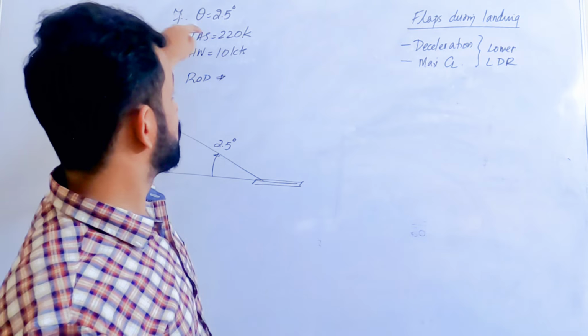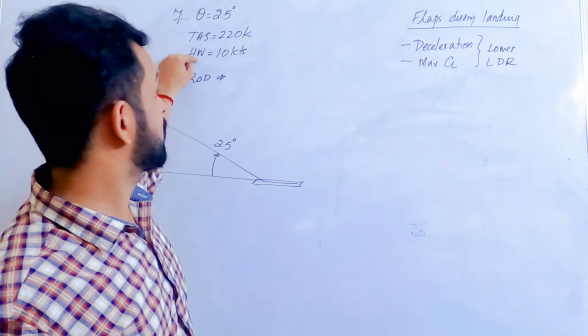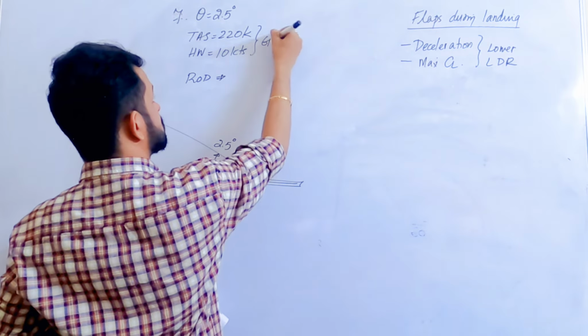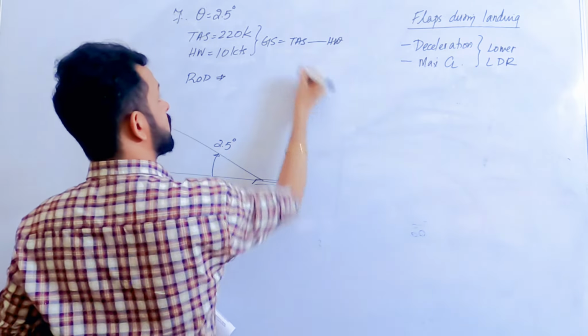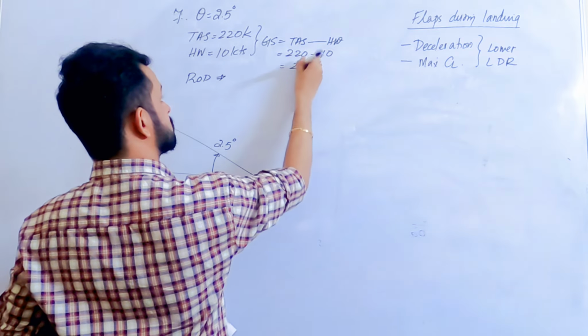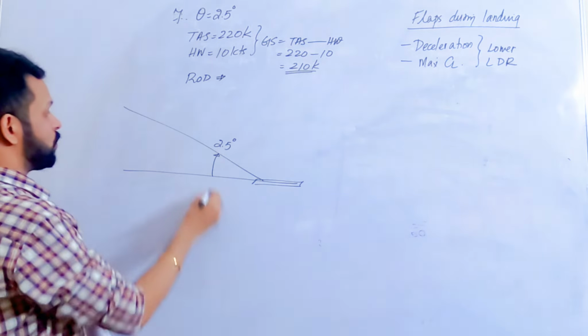Therefore, I don't need TAS. What I need is the actual ground speed, for which I have to allow for the wind component on the TAS. So what is my ground speed? Ground speed is TAS minus headwind. Yes. So it is 220 minus 10, that is 210 knots. 210 knots, right? Now, what is rate of descent?